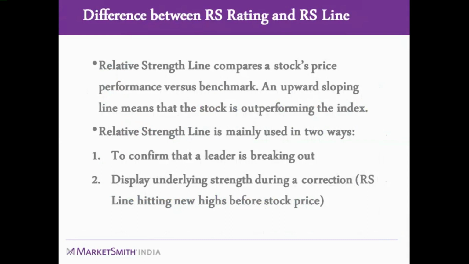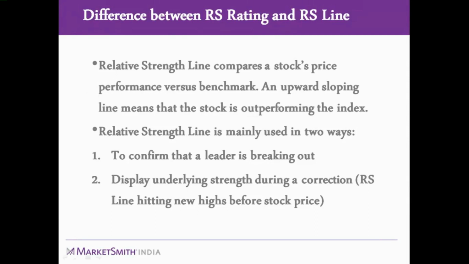On the other hand, a relative strength rating is relative to the performance of all the other stocks in the Indian market. So the line compares it with the benchmark, while the rating is versus all the other stocks. An upward sloping line means that the stock is outperforming the index.